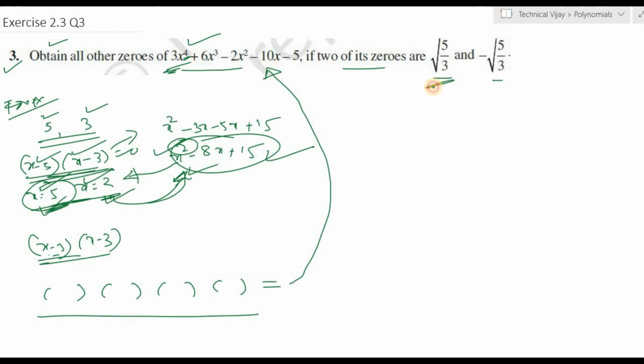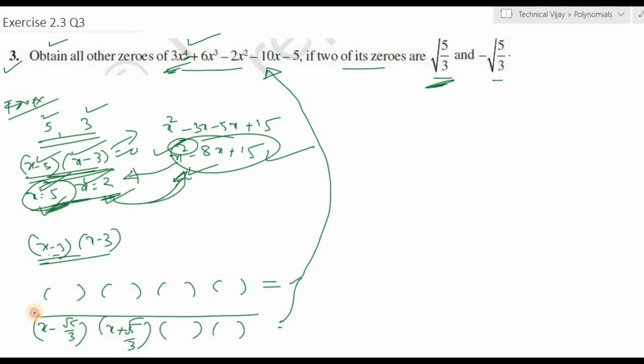So one of the factors is x minus root 5 by 3. One more is x plus root 5 by 3, because he has given plus and minus. So x minus root 5 by 3 and x plus root 5 by 3, and two others are there that we don't know. So this is equal to this one.